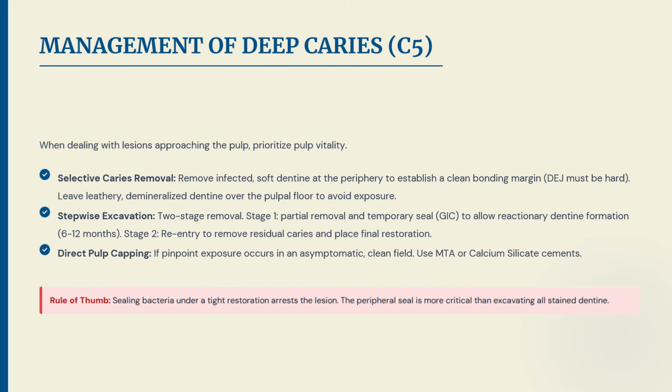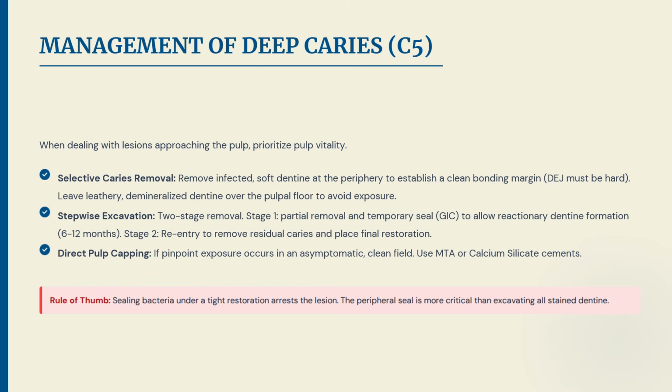I thought it's important to have the management of deep caries, which falls under the C5 category. So in this one, you can see that there is selective caries removal. So always remember to remove the infected soft dentine at the periphery to establish a clean bonding margin.